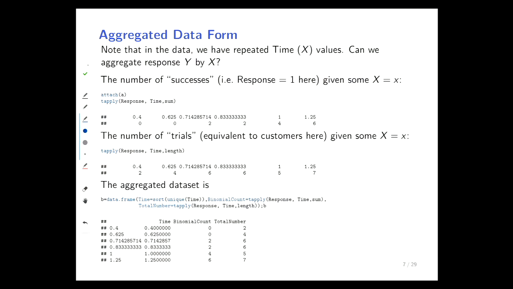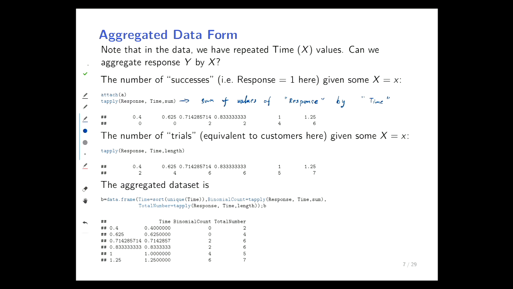So for this tapply function, what's the meaning for this row? That means the sum of values of response by time. So that means we try to aggregate the values of response by time.